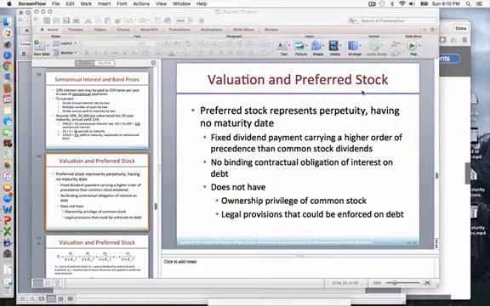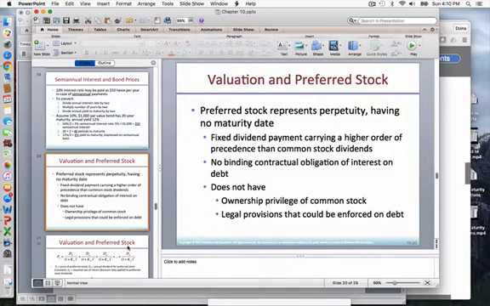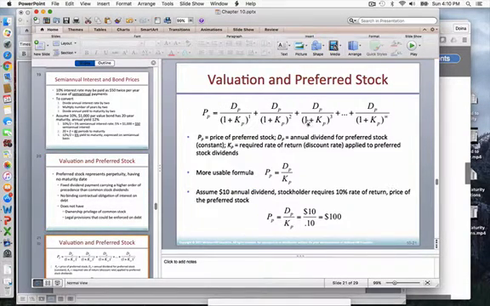So it becomes more complicated, because we have to calculate the present value of basically infinite dividend payments going into the future. Present value this year, next year, third year, and so forth. So the price of the preferred stock is the present value of all these future dividends, which are equal. The dividend payment doesn't change.